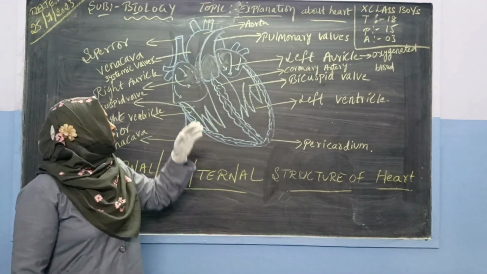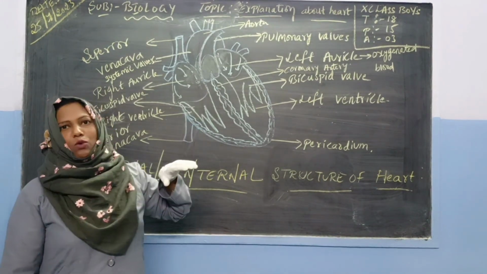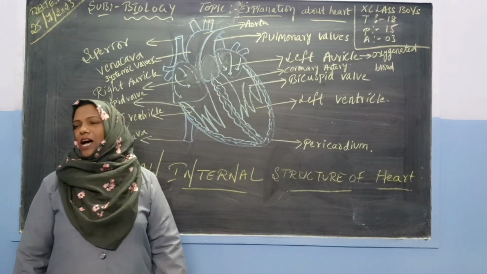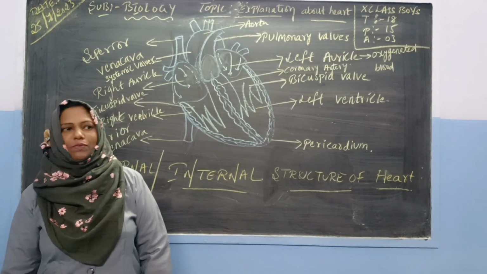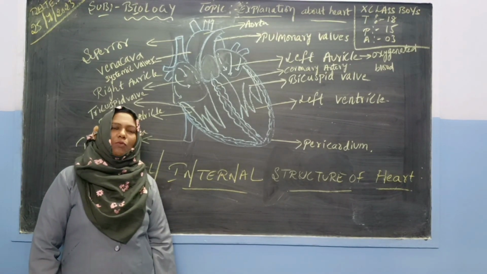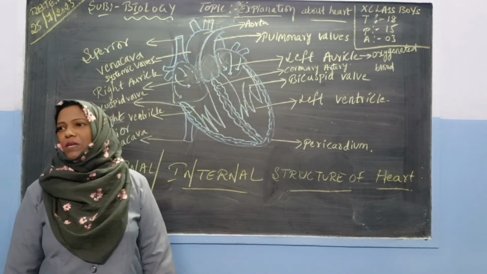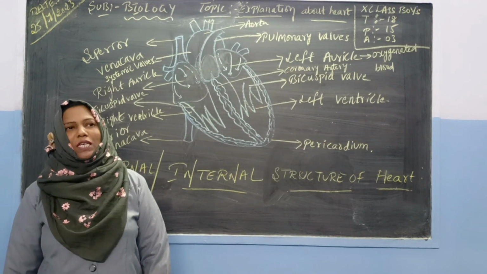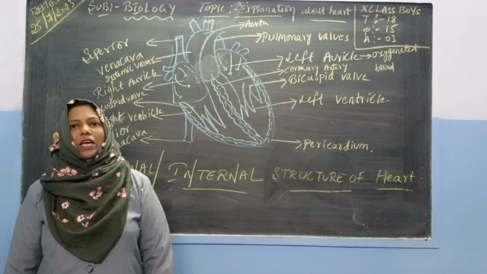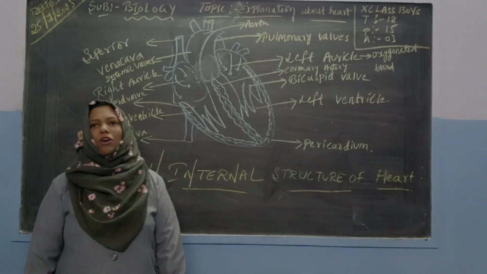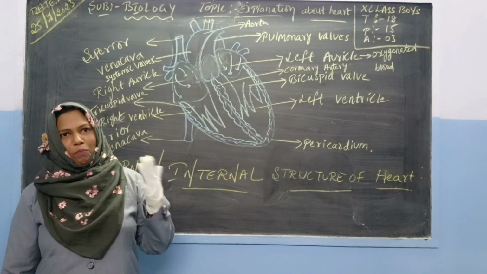As everyone knows, our body has a heart which is helpful in the circulation of the blood. The heart is also called a pumping station, because it pumps the blood.